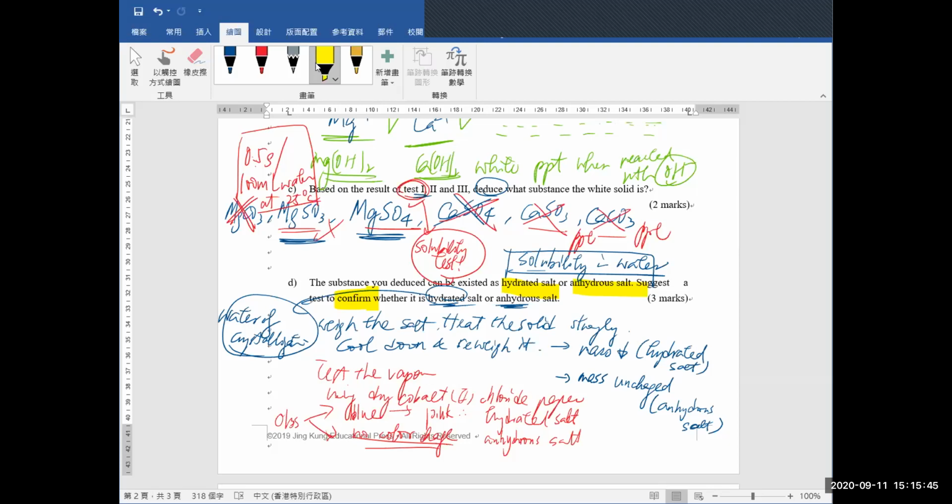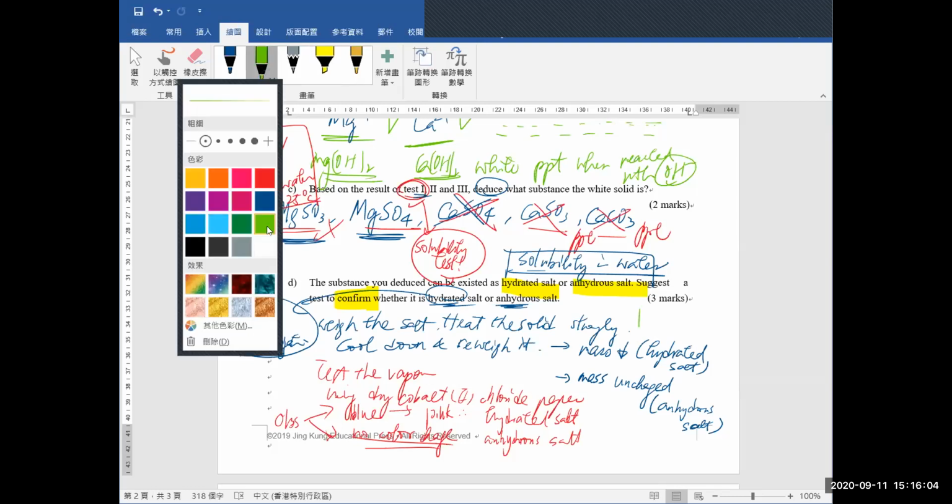Can you get the key? It's not just driving away any chemicals. Only by having this test can I distinguish one from another. Do you know the difference?